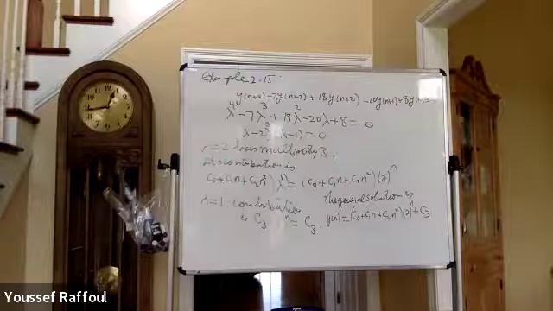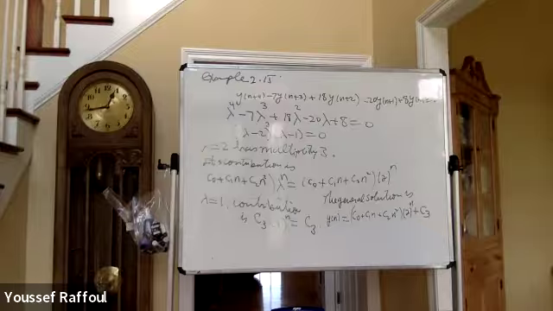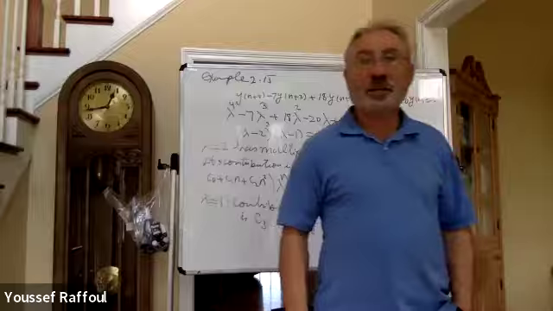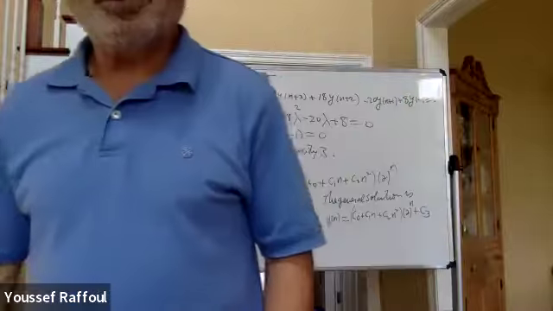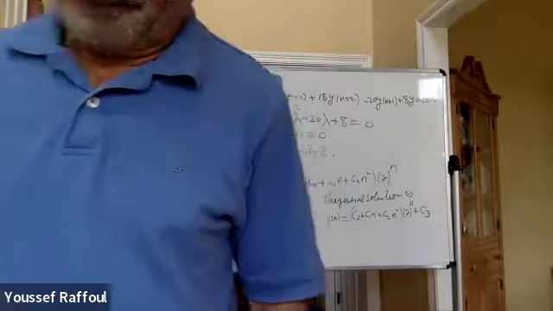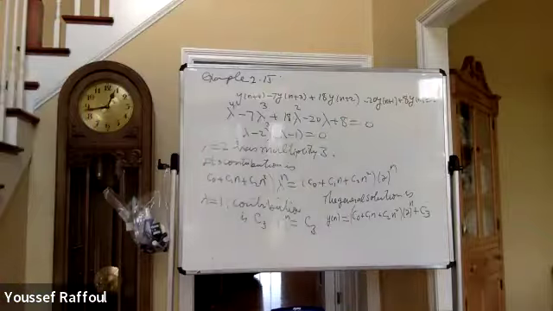All the results are in the book. The proof of the theorem is a little bit complicated, but I would highly recommend that you take a look at it. It's in the book. Okay? Now we're gonna do complex roots.